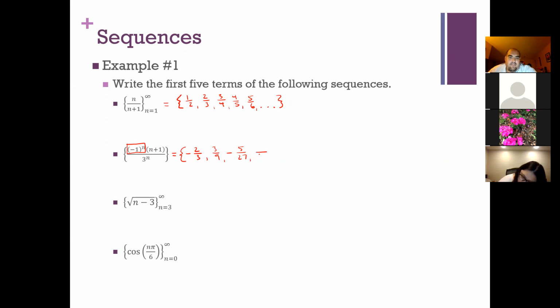And then something positive over 81, something negative over 243. That should be a 4. 4, 5, 6. I don't want to close it without showing that it does continue.